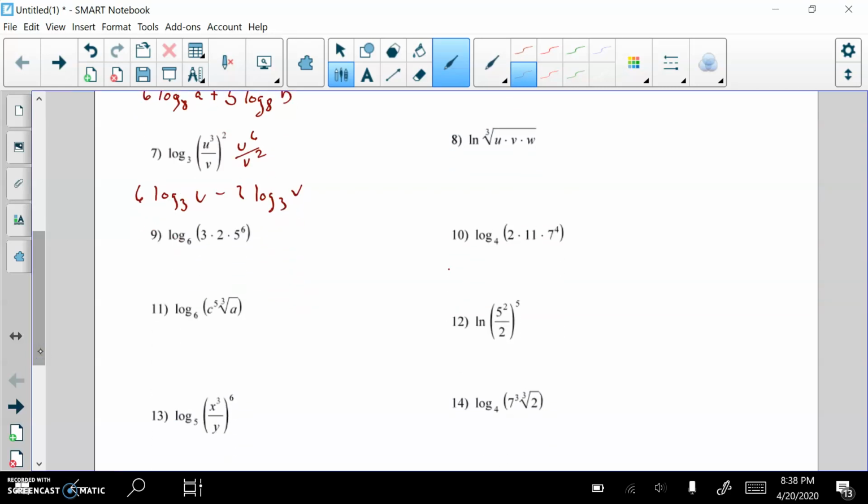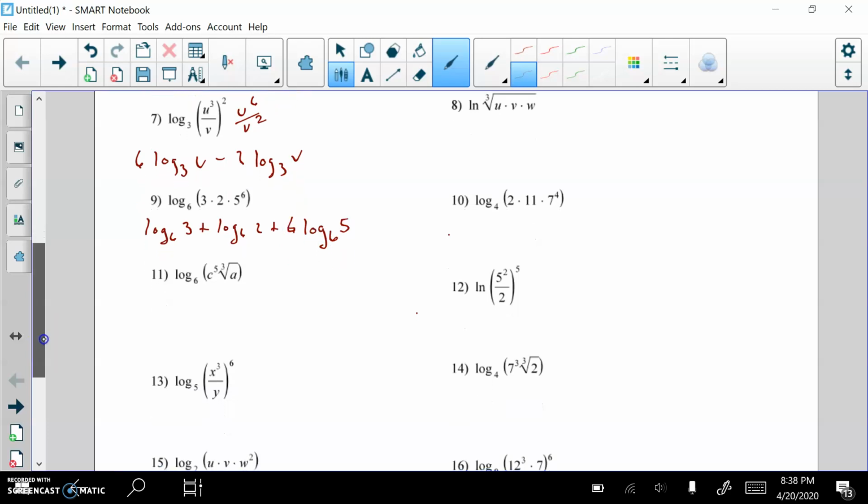Number 9, oh gosh, times means plus, so log base 6 of 3 plus log base 6 of 2 plus 6 log base 6 of 5.